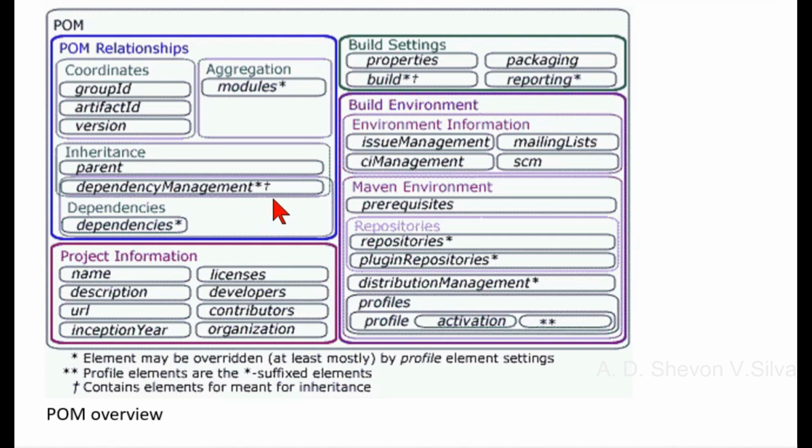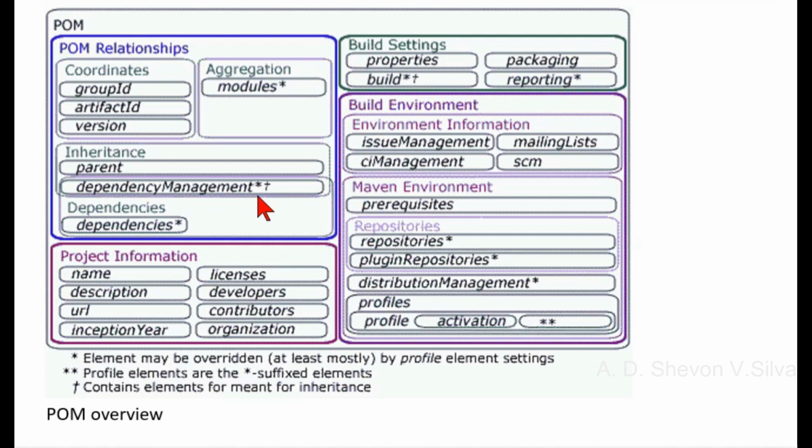Dependency management. Besides inheriting certain top-level elements, parents have elements to configure values for child POMs and transitive dependencies. One of these elements is dependency management. It is used by POMs to help manage dependency information across all of its children.